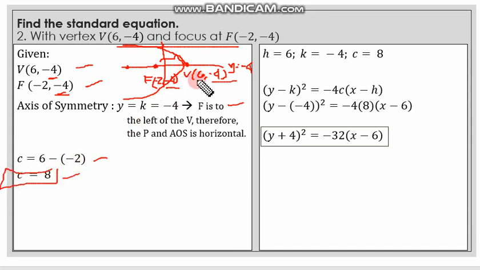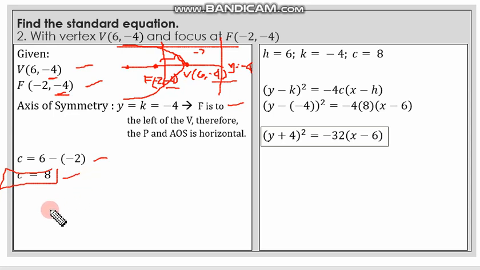So from here, since our directrix is on the right side of the vertex, we will add c to get the directrix.